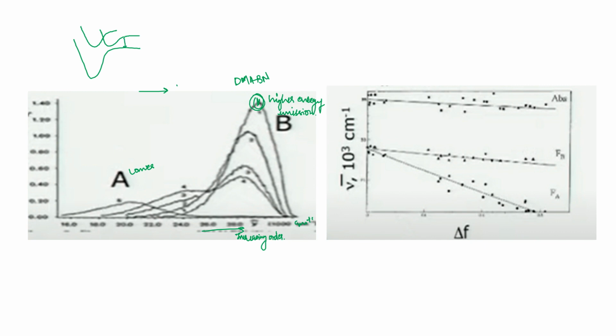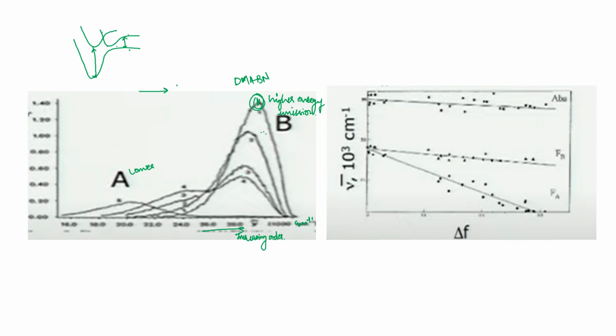Okay, because of this, the emission is happening from the excited state to the ground state, and in the form, say, at a higher wavelength. The same is observed in this case, or a lower wave number.